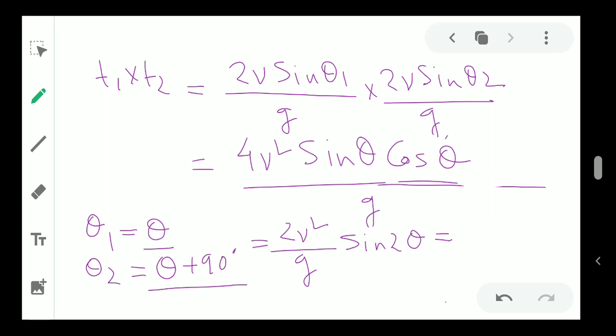One more thing I have missed here, there will be g square, right? So if I take 1 g from here, I will write 2 r by g. So your answer for this question will be 2 r by g.